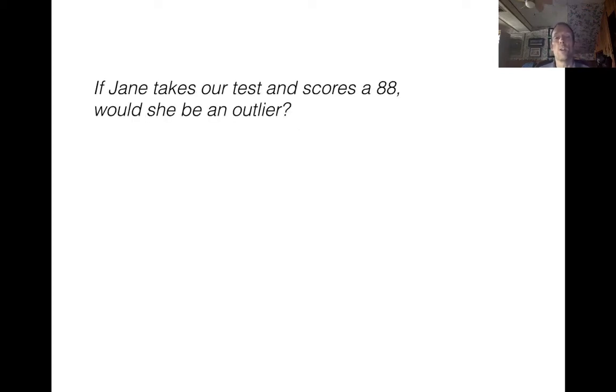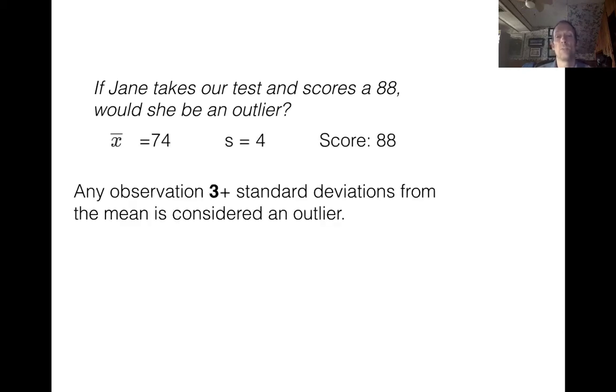So let's put it to work. If we have Jane, and Jane takes our examination, Jane scores an 88. We want to know, would Jane be an outlier on the test? To get to the answer kind of quickly, we can use a little something special that we know. We found out before that to be an outlier, you would have to be 3 or more standard deviations from the mean.